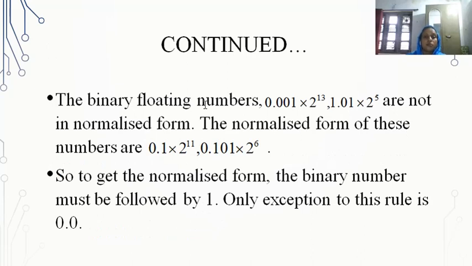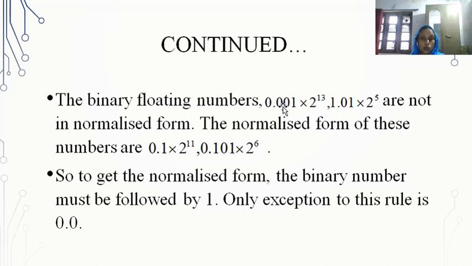Now, in the case of binary floating point numbers, certain examples are here: 0.001 into 2 raised to 13, 1.01 into 2 raised to 5. These are not in normalized form. Why? After the binary point, there are zeros. We already found that after the binary point, there should be no zeros for normalized form.